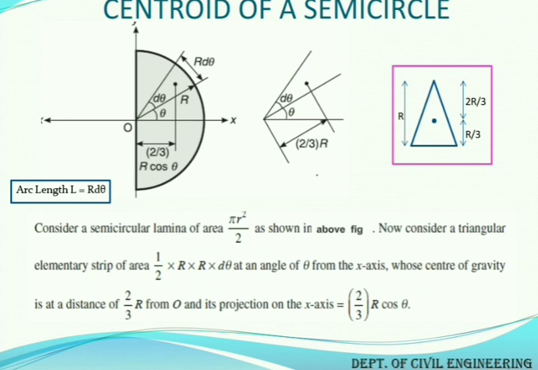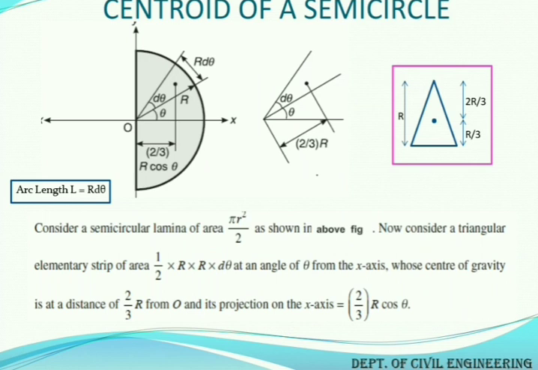Now, in this case, the height of the triangle is nothing but the radius r as shown in the figure which is there beside. So, for this particular case, our centroid from the base will lie at what distance? R by 3. Therefore, from the tip, that is from point O, it will lie at what distance? 2r by 3. So, this is a very important thing.